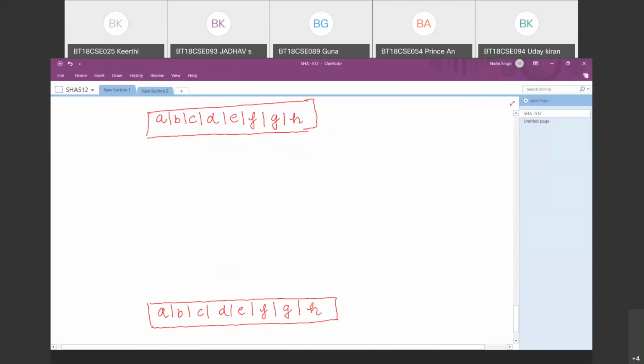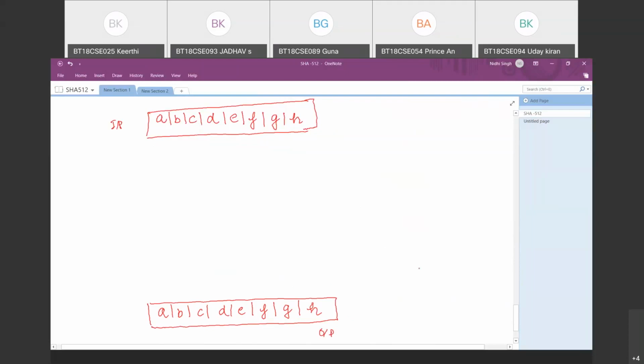Now, some simple things. This is the output now, and this is the input, and this is one round structure.